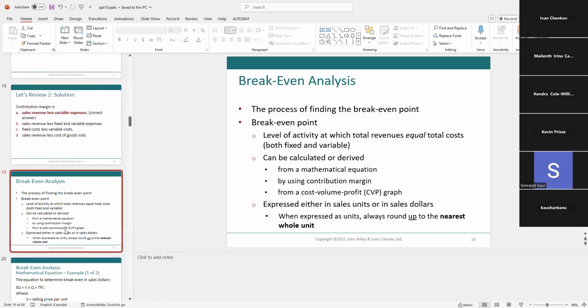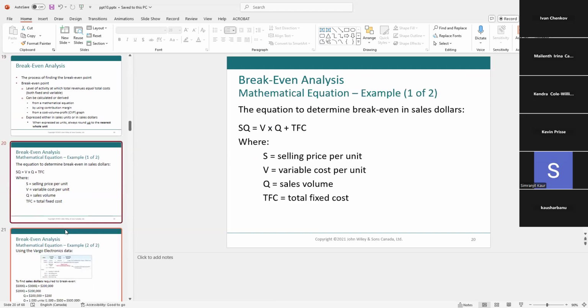Let's keep going. The process of finding the break-even. Now, on the break-even, we need the level of activity, and we can calculate that level of activity by a mathematical equation or by using contribution margin or the cost volume profit analysis graph. There's even a graph here.